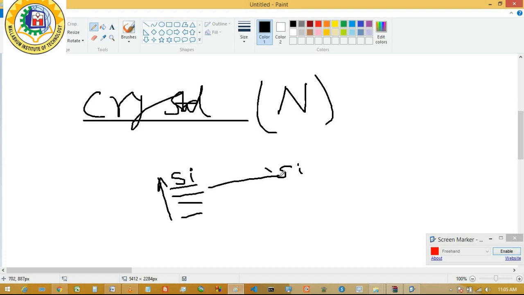Then we bring in the interatomic distance between the silicon atoms. If there is an n atom system in a silicon crystal, there must be some interatomic distance between two silicon atoms. For plotting the energy band model, we first plot the energy band model of a single isolated silicon atom, and then we reduce the interatomic distance between the silicon atoms, and see how the energy band model behaves.